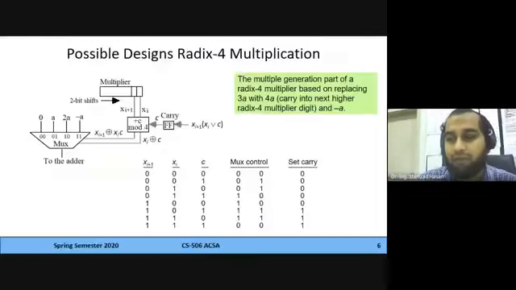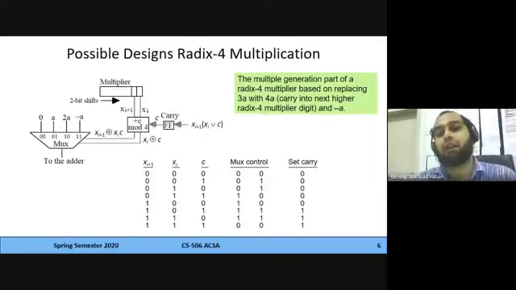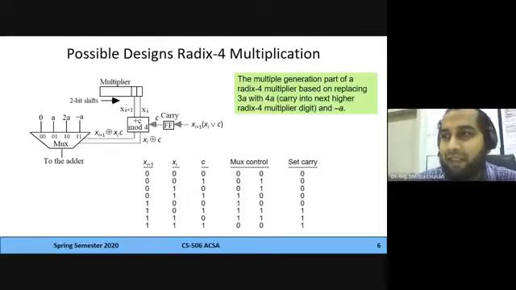In the previous one, we talked about having k by 2 plus 1 steps in all multiplications. But in this case, in the majority of our multiplications we are going to have just k by 2 steps. So we have saved just one step, but it's still a big achievement. And we are not doing any pre-computation.